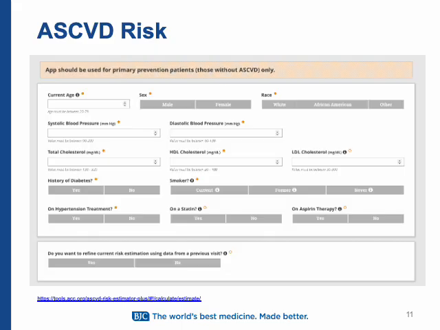And the link at the bottom of the slide goes directly to this calculator, and you can use it when counseling patients about their cardiovascular risk. I think it helps make the discussions more objective and easier for patients to understand, because we can show them exactly where they fall and how modifying their risk factors can change their long-term outcome.